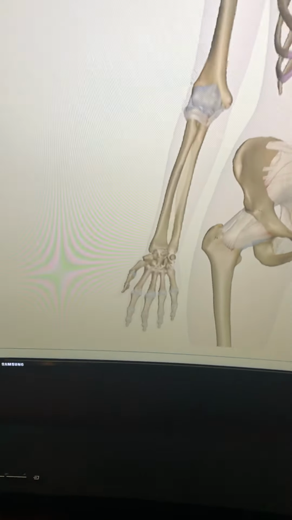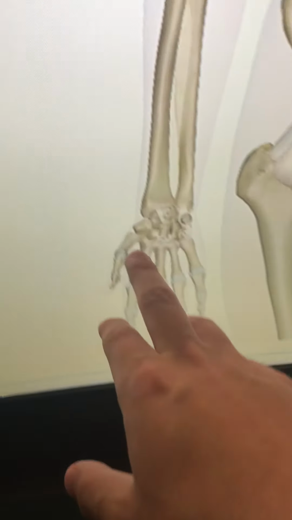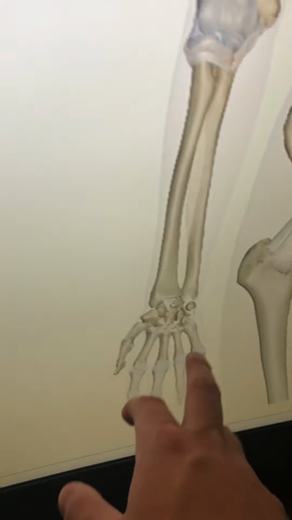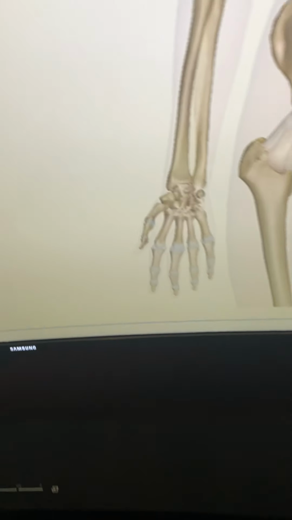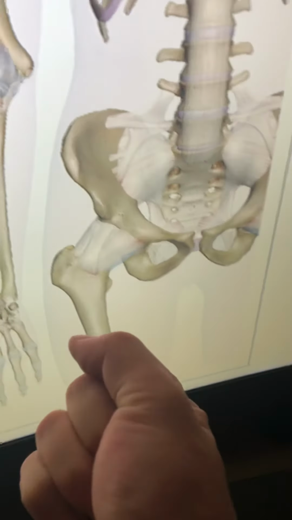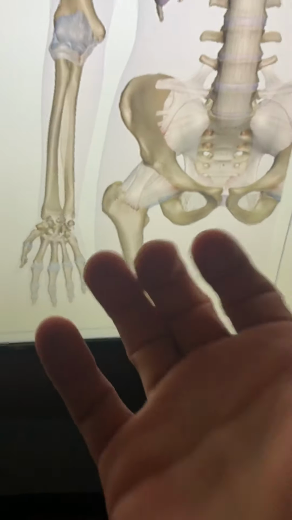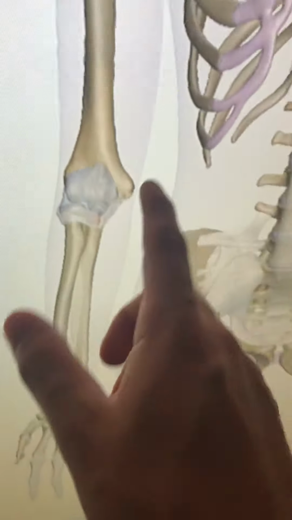And then we're going to move to the thenar muscles, which would be your thumb side, and then your hypothenar is on your pinky side. It really helps with hand grabbing. Then there's the extensor digitorum. It's really on the lateral epicondyle, which would be on this side right here.